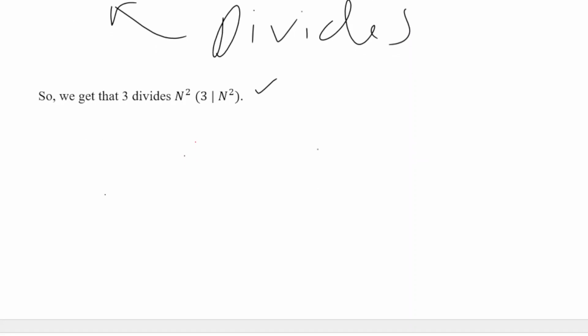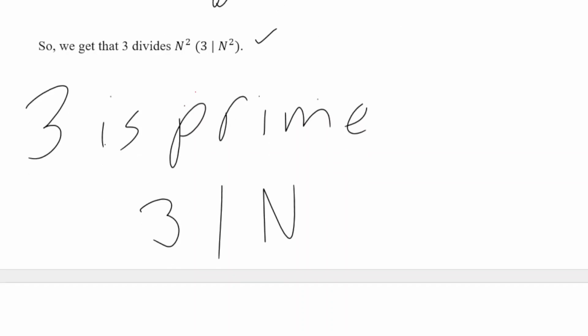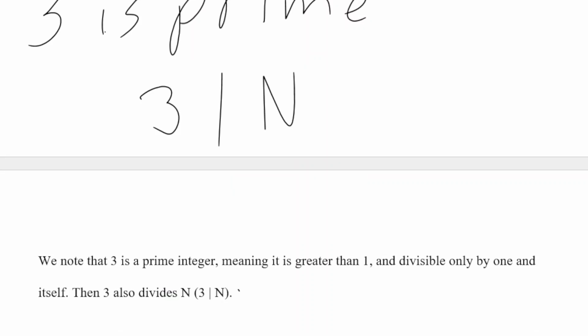I also want to note that 3 is a prime integer, which means that it is greater than 1 and divisible only by 1 and itself. With this in mind, 3 also divides n. And here it is written out.